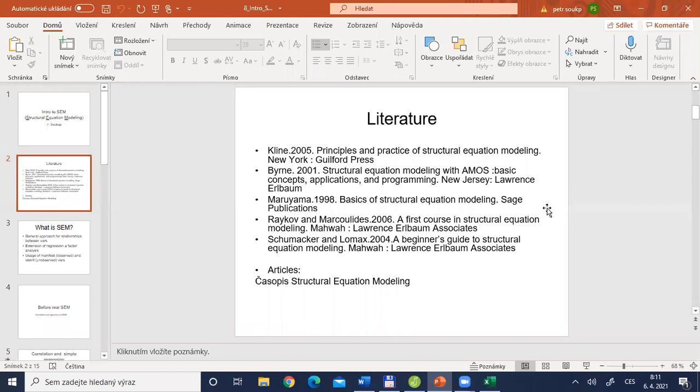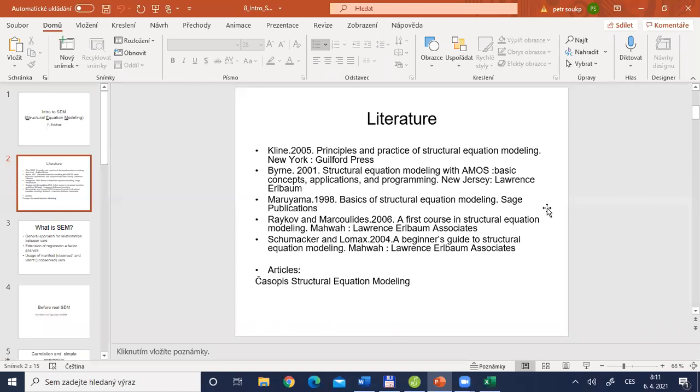Then we have 3 titles which are at, I would call it, an elementary or basic level: Maruyama, Basics of Structural Equation Modeling; Kline, A First Course in Structural Equation Modeling; or Schumacker and Lomax, A Beginner's Guide to Structural Equation Modeling. So in comparison with the previous ones, Kline's book and Byrne's books, these 3 books are at quite a basic level, only for some introduction.